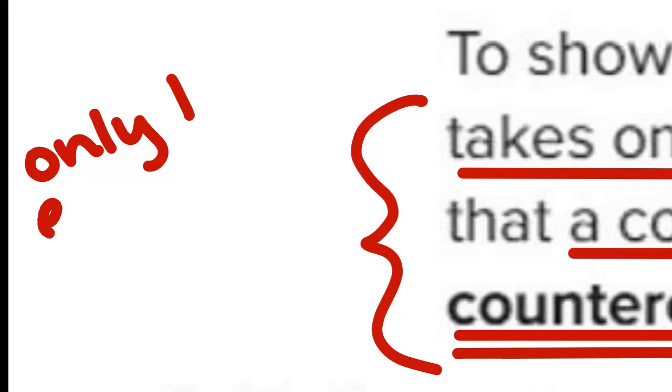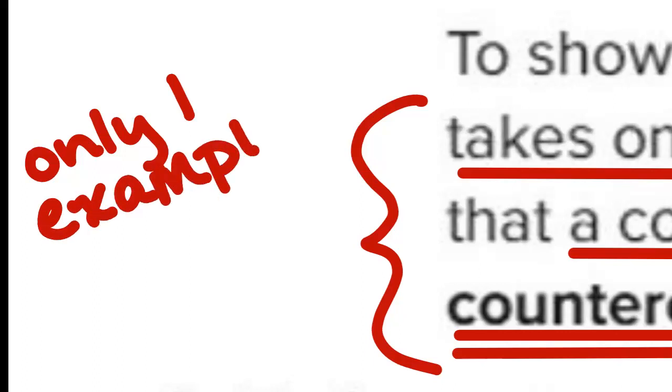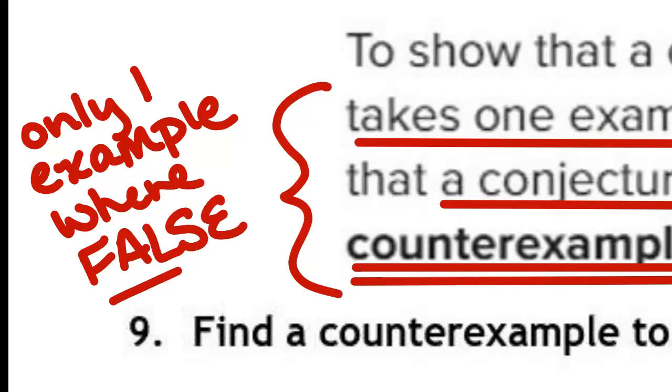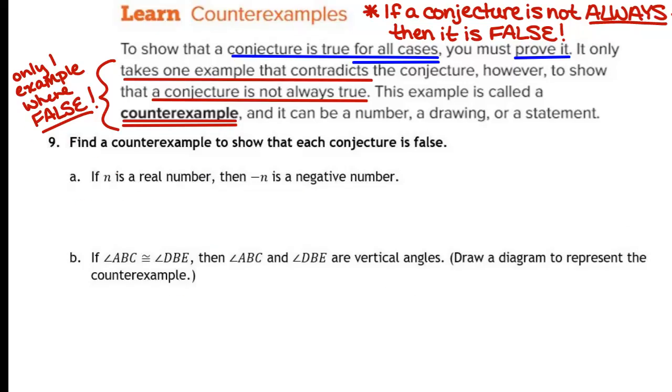Only one example where it is false. That's enough to make the whole thing false. So let's look at example number 9, part A.